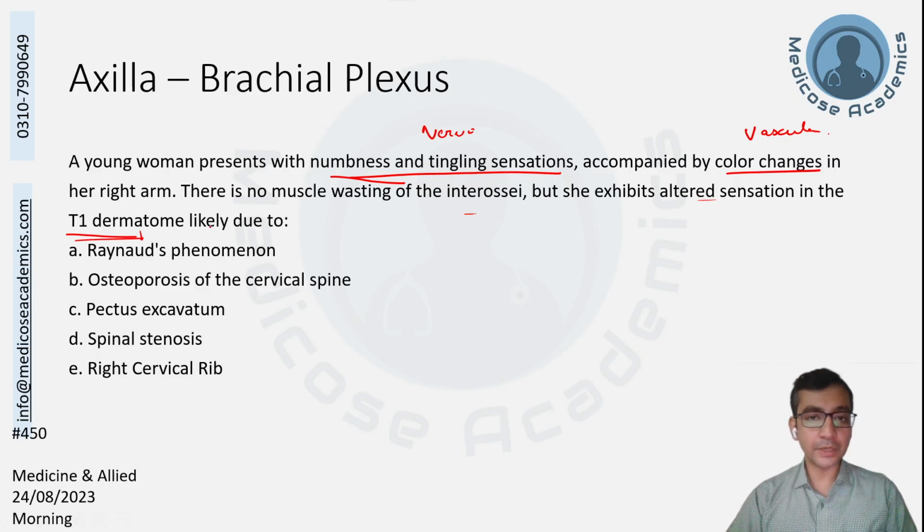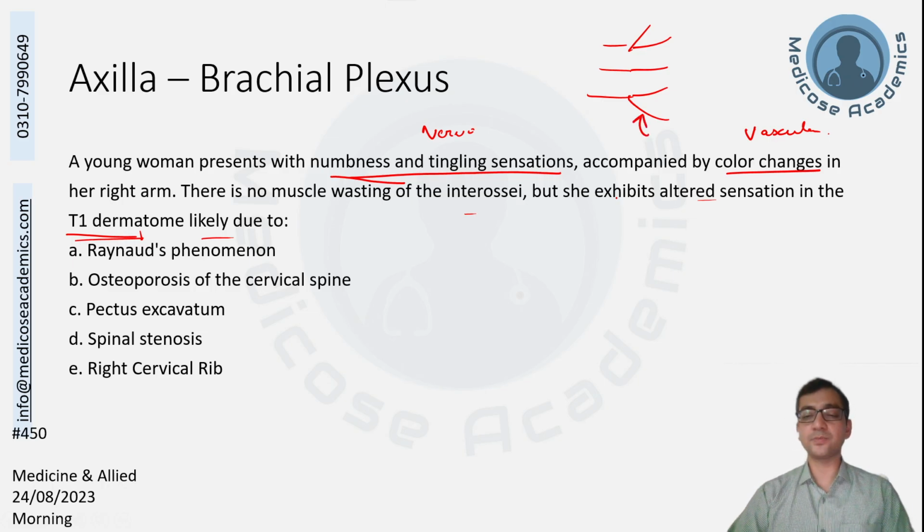What has happened is that in the brachial plexus, C5 to T1, T1 has been injured. So how can T1 be injured? That is the question you're going to find out.